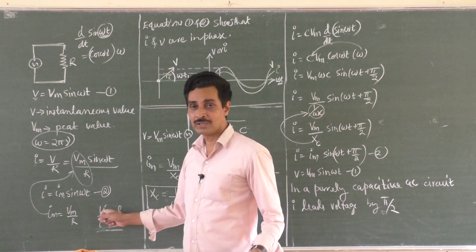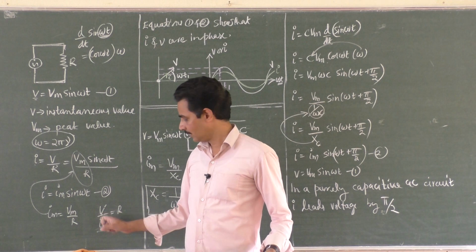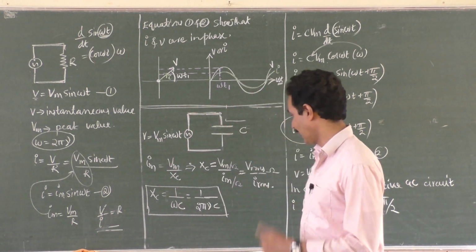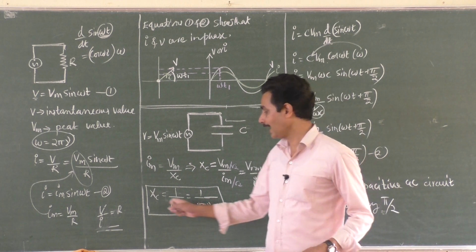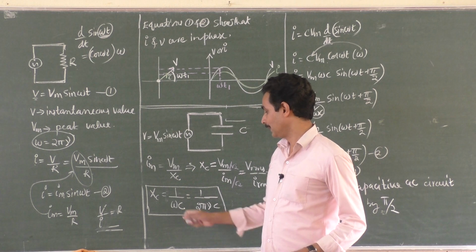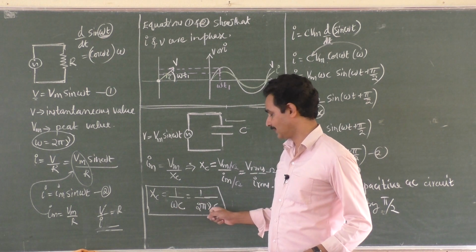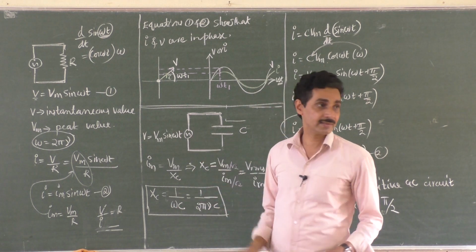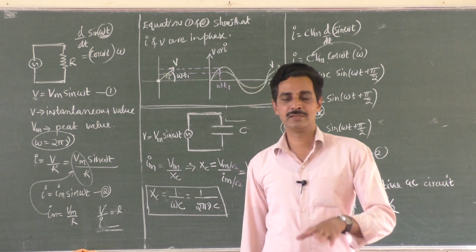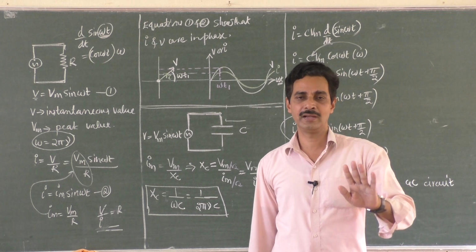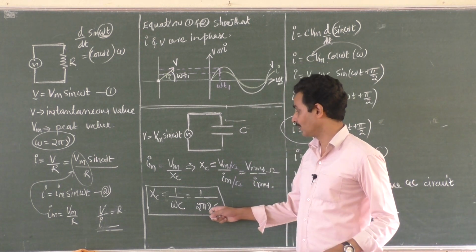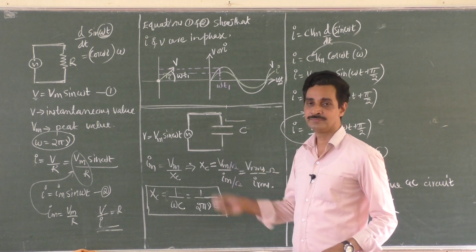So whatever the voltage that you get across the resistor divided by current through the resistor, that gives the resistance of the resistor. Whereas here you see reactance of a capacitor, it is depending on the frequency of AC, nu, whatever the AC is connected. Reactance of a capacitor is not a quantity which is independent of the source across which it is connected. It depends on the frequency of AC that is connected across it.